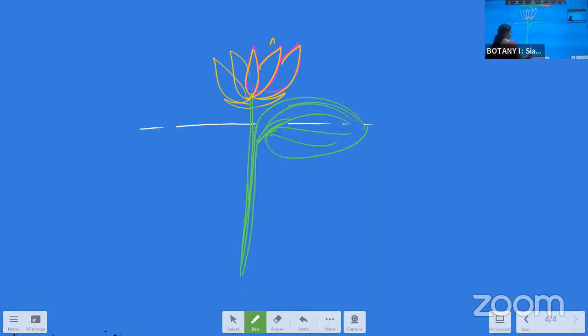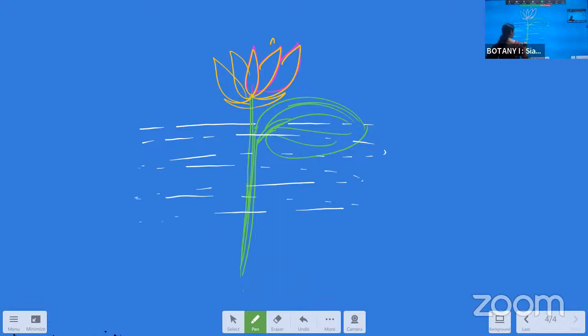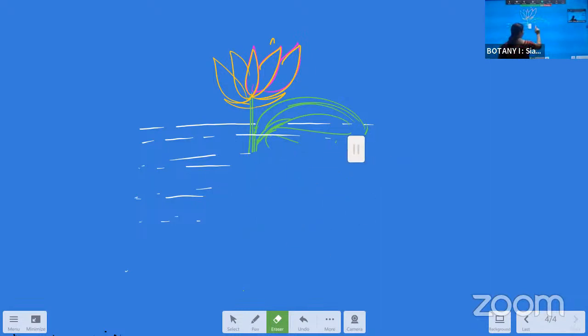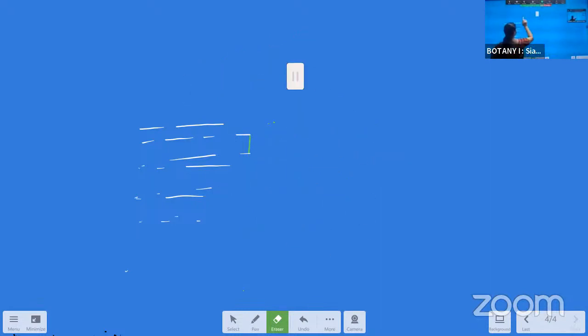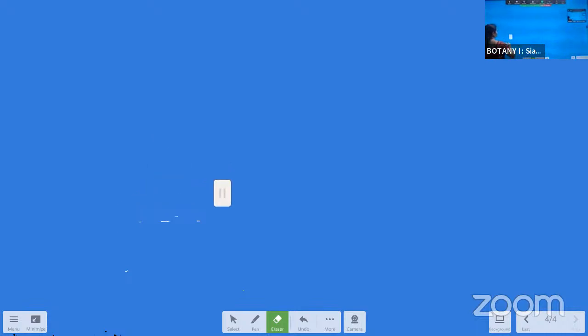And here you have to fill up with the water. And the root system, no need for us to draw. But the leaf and the flower we have to draw, and the water. So this is the complete second type in the hydrophytic plants, that is the rooted hydrophyte with the floating leaves.